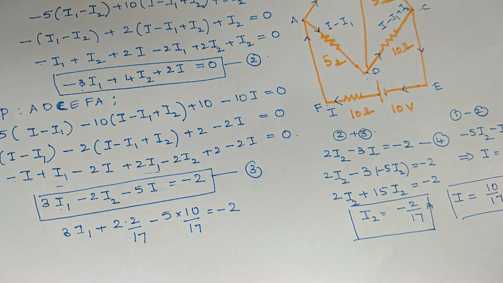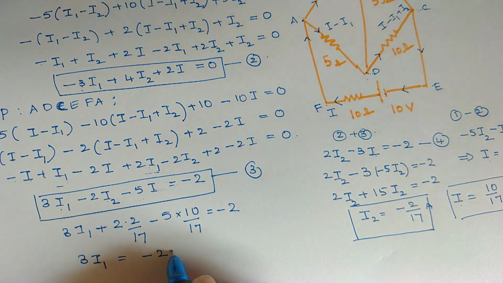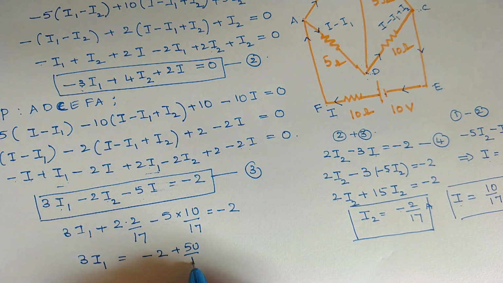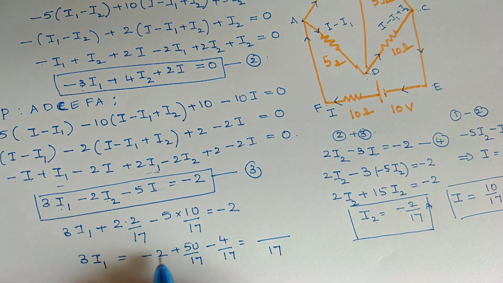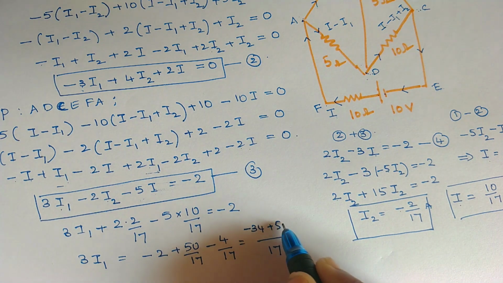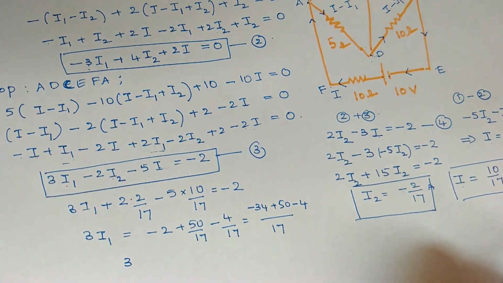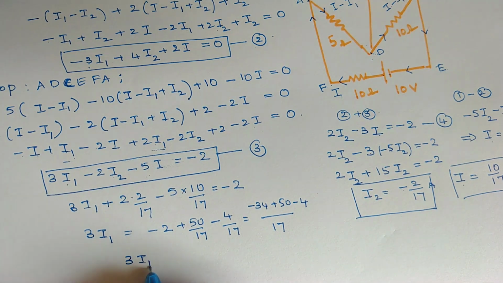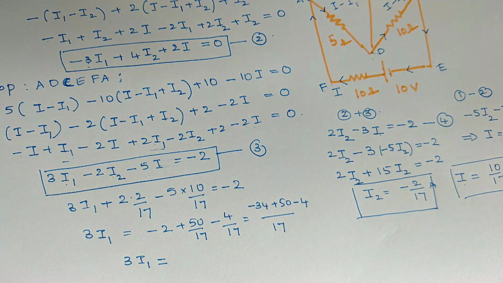So solve this relation. 3I1 equals minus 2 plus 50 by 17 minus 4 by 17. Take LCM, 17. 17 into 2 is minus 34 plus 50 minus 4, so 3I1 equals, solve this, minus 34 minus 4 is minus 38.